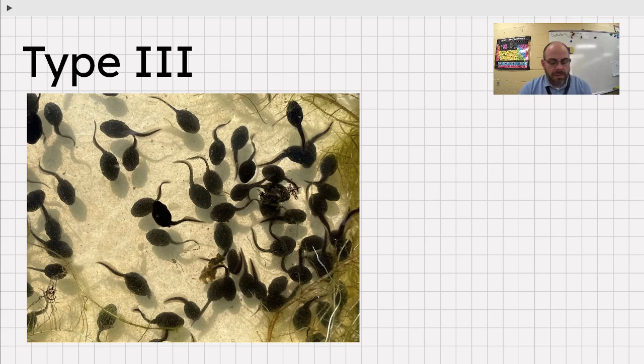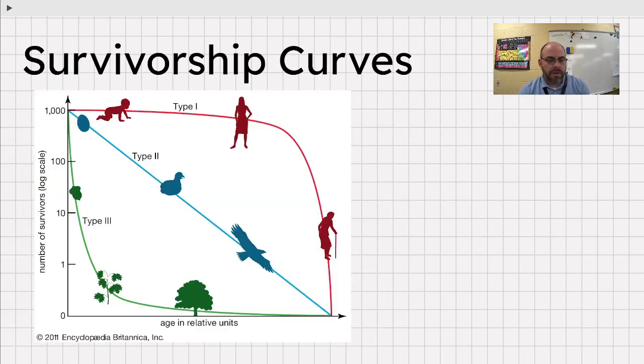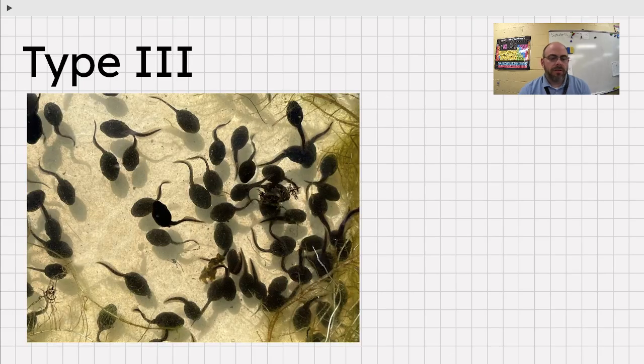Type 3 is kind of the opposite of type 1. High mortality early in life, because you can see here, most of the offspring are going to die really early on. Tadpoles, frogs are a great example.